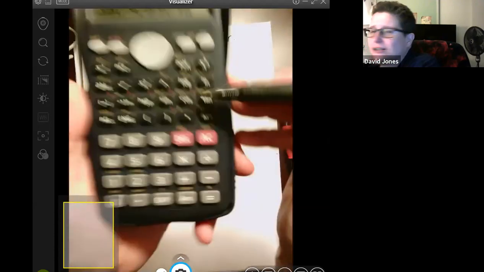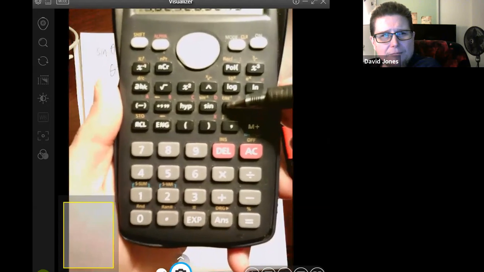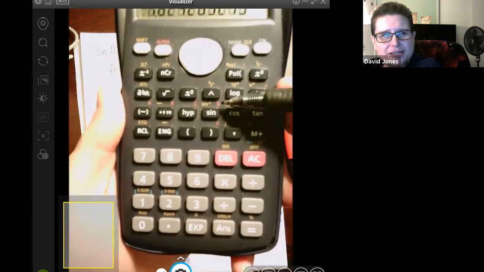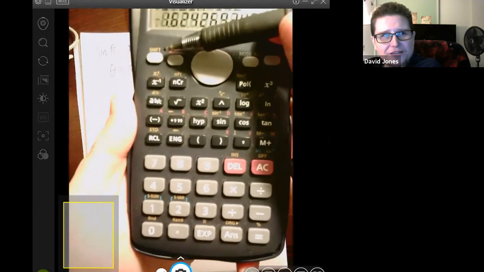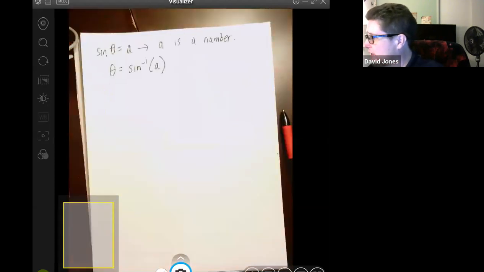I don't know if I can get this close enough to show it. Above my sine key, I've got sine -1. That's an inverse option. It's in yellow. I have to hit the shift key to access it. Okay.